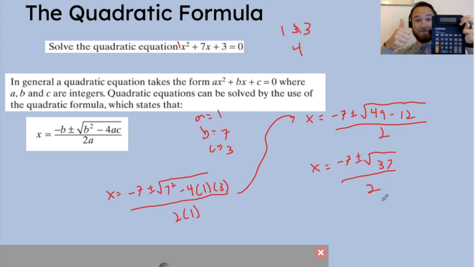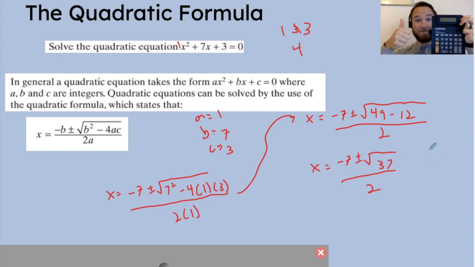Okay, from here we need to see if we can simplify. There's not much we can do with a 7 and a 2, because this is 2 terms here, so I can't divide by 2 no matter what. But sometimes we can reduce this radical.